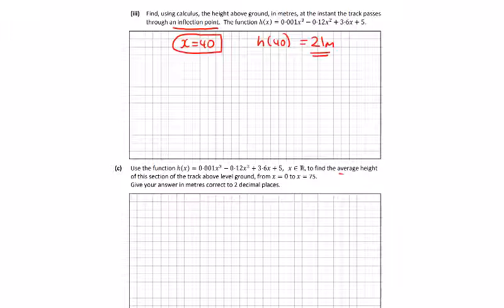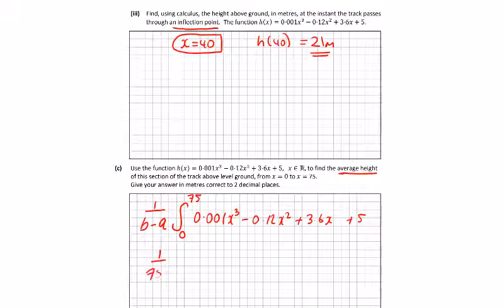And then the last part is integration, average height above ground of this function. So 1 over b minus a, don't forget the 1 over b minus a, the integral of 0.001 x cubed minus 0.12 x squared plus 3.6x plus 5. And that's between, it was between 0 and 75.